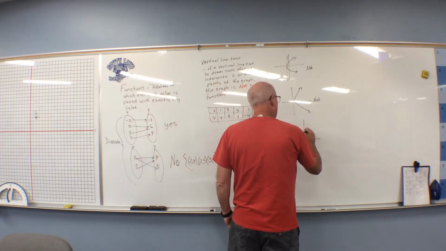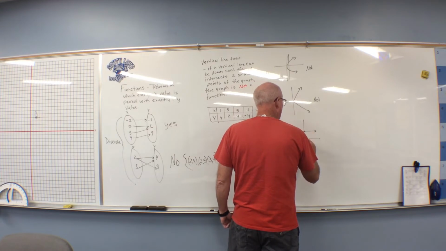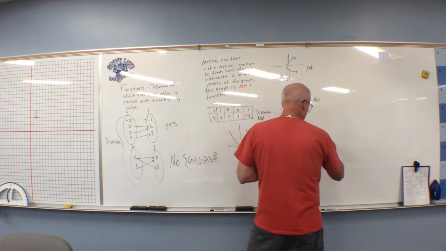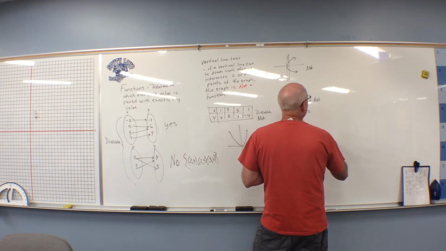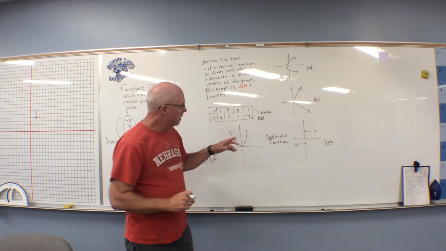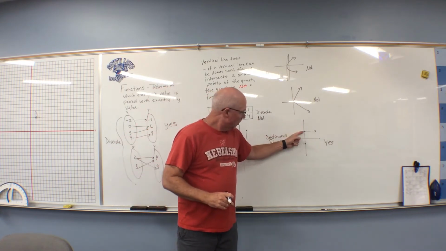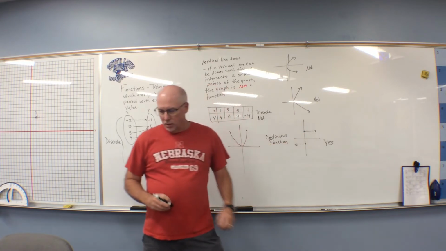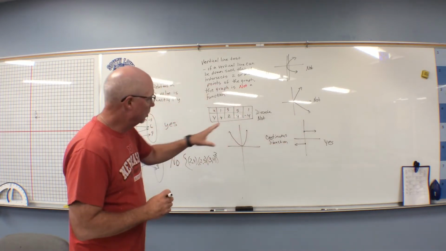It has an open circle here going right, and then a closed circle here going left. And this is actually a function. So yes, this is a function, because the vertical line can be drawn here, but it only touches 1 point here, and then the rest of the points it just touches. So this is kind of an interesting one.